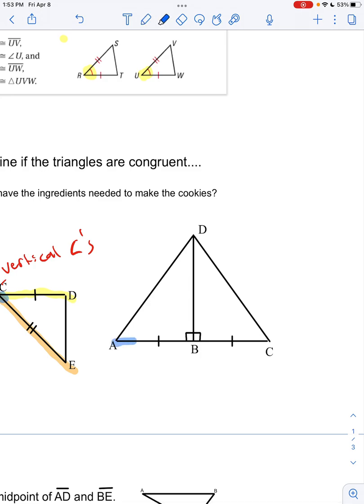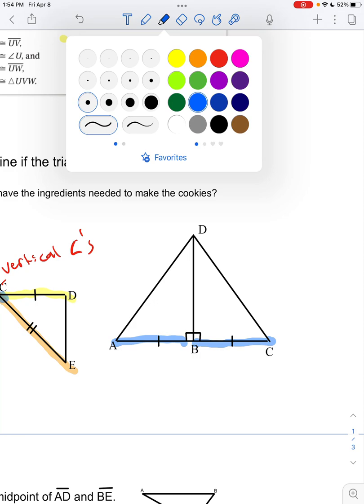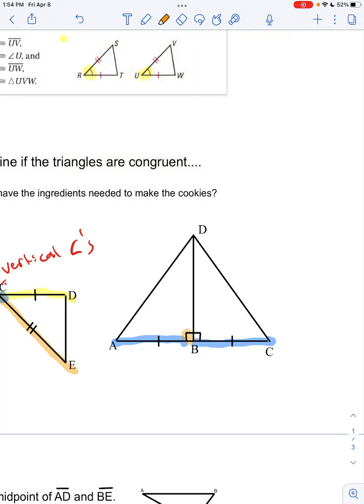Now, if I look at this example, what do I know? AB is the same as CB. I know that this is a right angle and this is a right angle. Therefore, they have to be the same. And then we like to look for vertical angles and we like to look for shared sides.